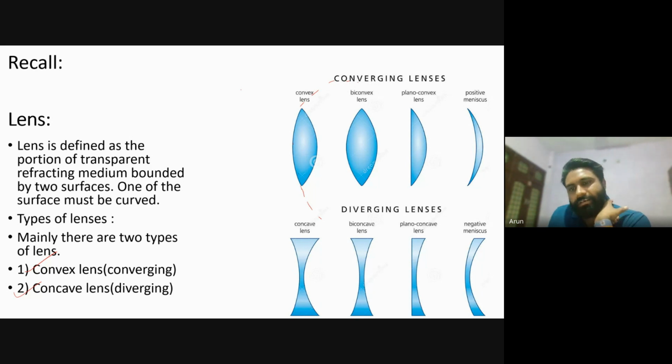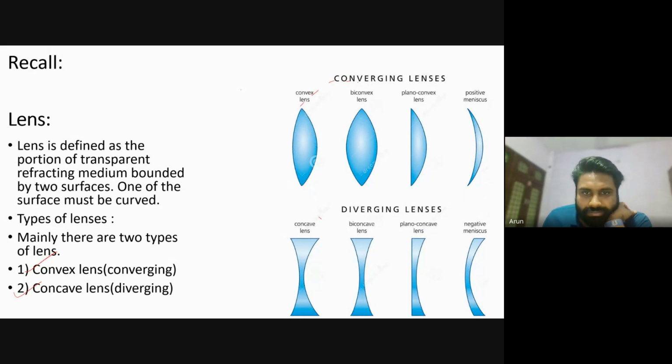Now what is a convex lens? The lens which is thin at the corner and thick in the mid portion. So that lens whose thickness decreases from the center to the corner. You can see it is decreasing continuously. So this type of lens is termed as what?